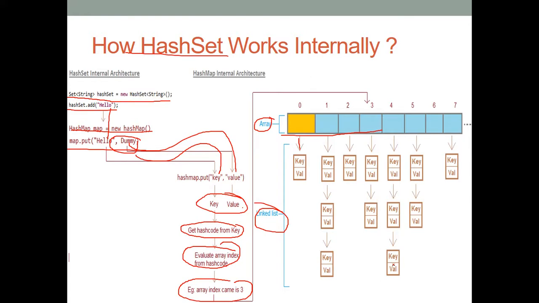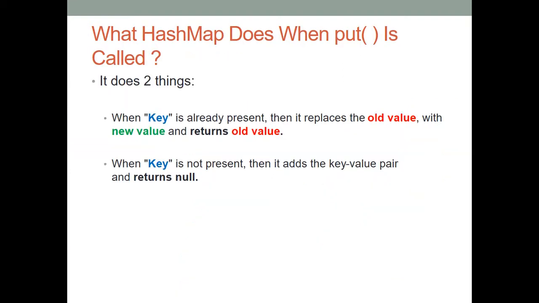If it matches, then it will store it. For example, 0 1 2 3 4 5 6 7. Add all the numbers, and whatever number results, divide it, and whatever position you get, you store only at that position. I hope it is clear. If it is not clear, then watch the next video. I will discuss details with examples.